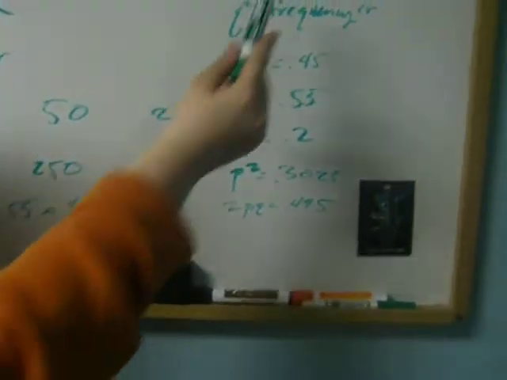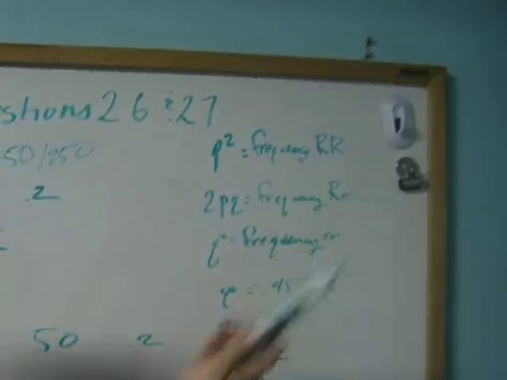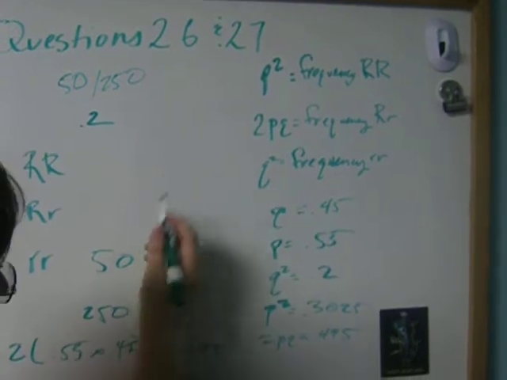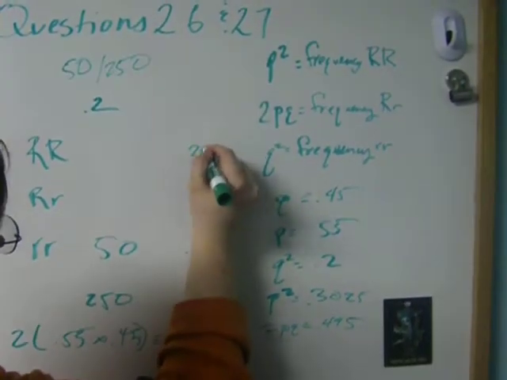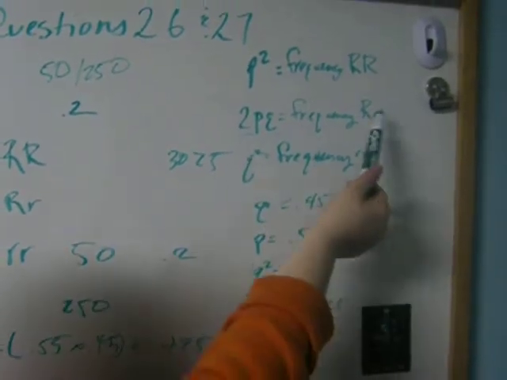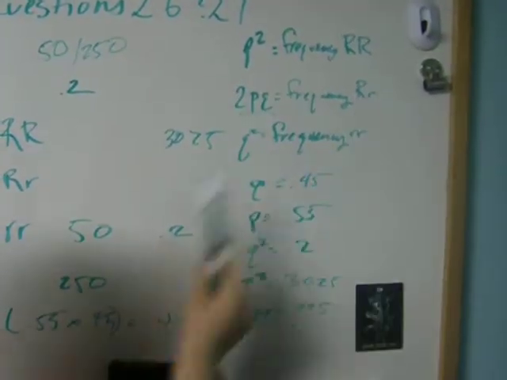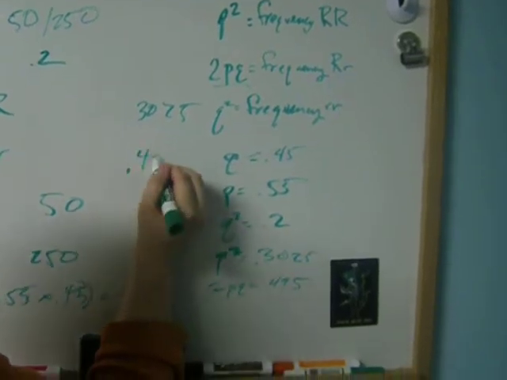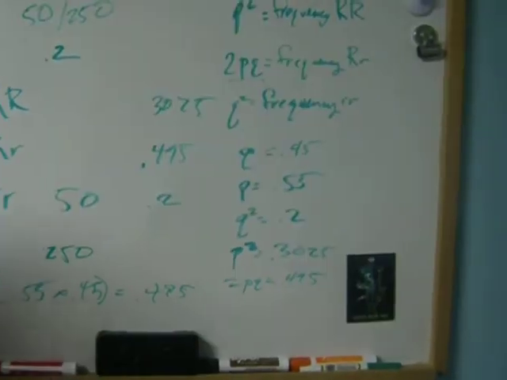Now, over here we've already said that P squared is the frequency of big R, big R. So we know our frequency over here is 0.3025. And 2PQ is the frequency of big R, little r. So 2PQ frequency is 0.495.